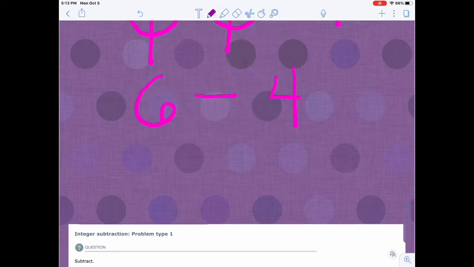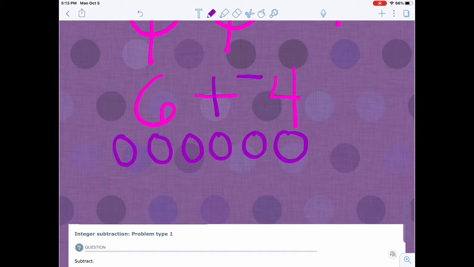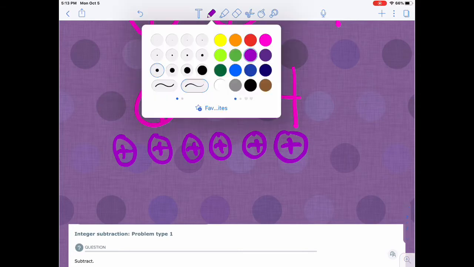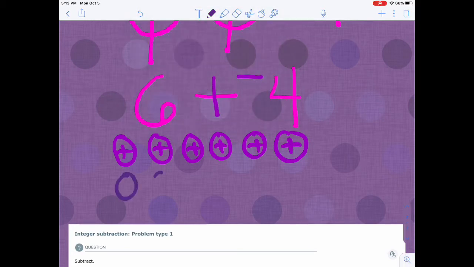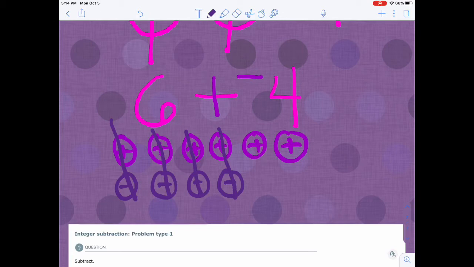So if I want to apply my add the opposite, subtraction means add the opposite, then I'm going to have 6 positives and 4 negatives, and those are going to cancel out. Remember, in the other lesson I talked about bad guys and good guys, if you watched it, but notice what's left over, 2, positive 2.